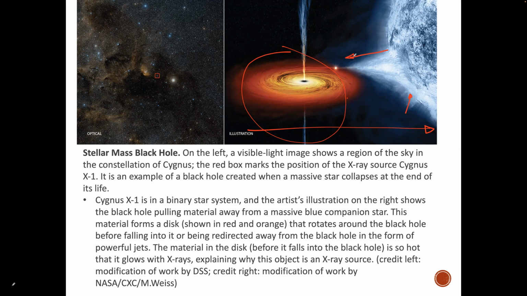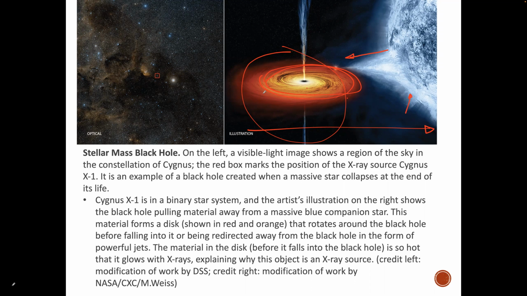And what happens is that this material forms a disk around the star, right? So it is this disk that you see here. There is a disk that forms from the material of the companion star, and this material rotates around this black hole before falling into the black hole.